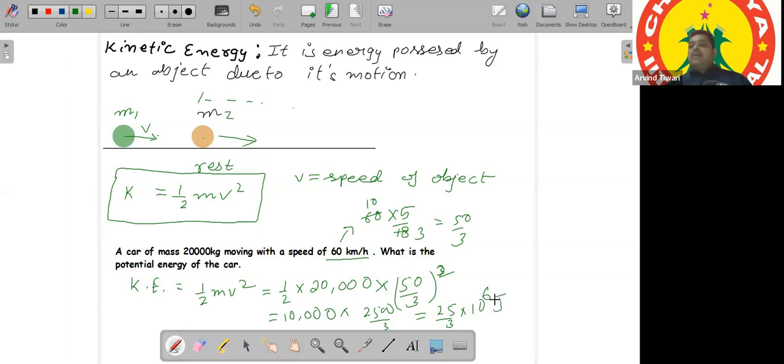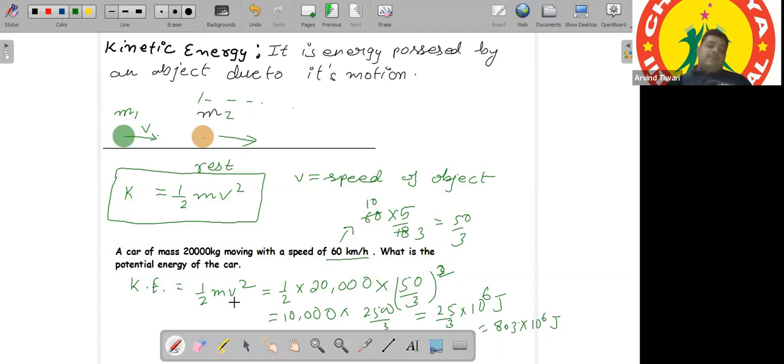And 25 by 3, you can convert to decimal, which would be 8.33. So 8.3 times 10 to the power 6 joule. This is the amount of kinetic energy possessed by the car.